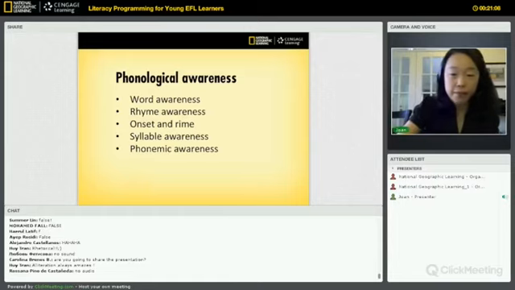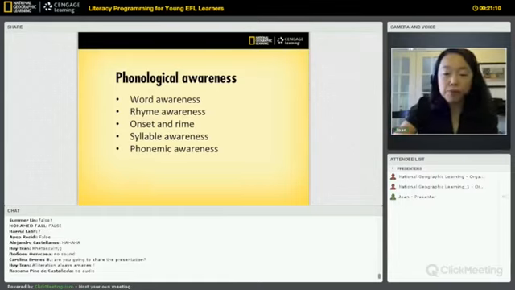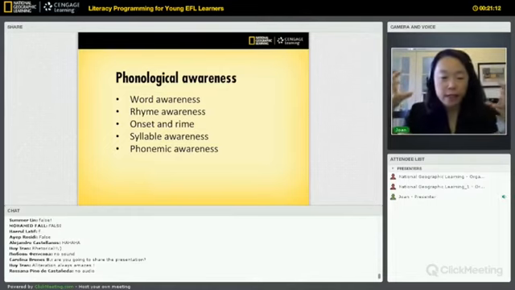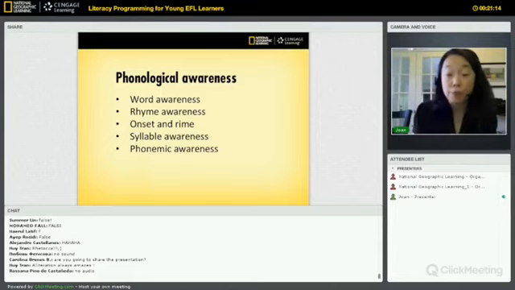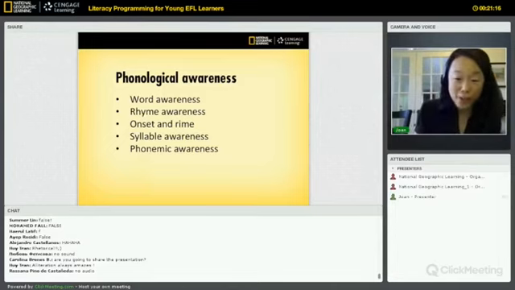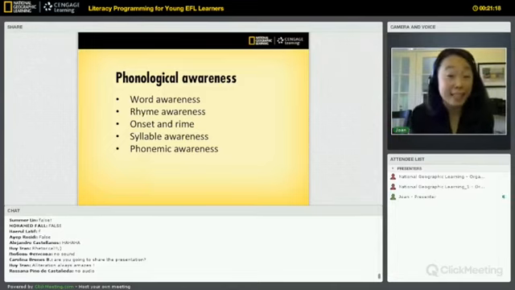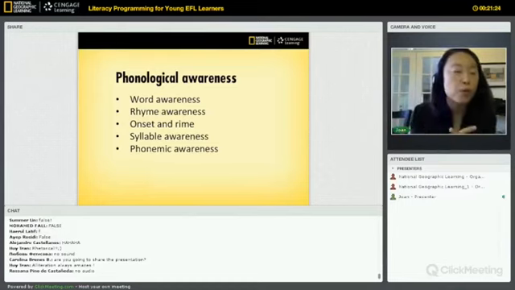Basically, phonological awareness is the understanding of these sounds, and it provides the basis for phonics instruction. Phonics is the understanding that sounds and printed letters are connected, so this is the first step towards what we call reading. You're probably very familiar with that.